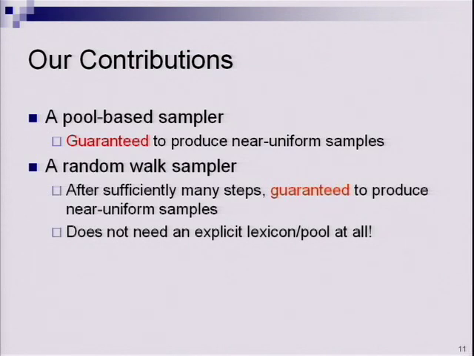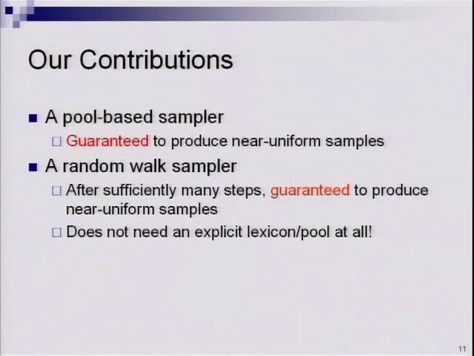We proposed another sampler, which we call the random walk sampler. This sampler runs a random walk on a virtual graph. The nodes of the graph are exactly the documents in D, the documents indexed by the search engine. And you can show that if you run the random walk for sufficiently many steps, it will converge to the uniform distribution. So you just run the random walk for many steps and stop, and that's your sample.